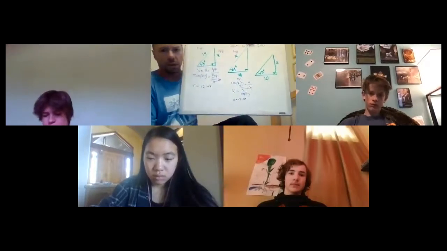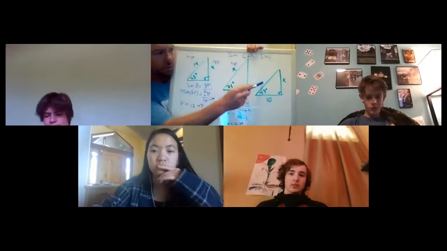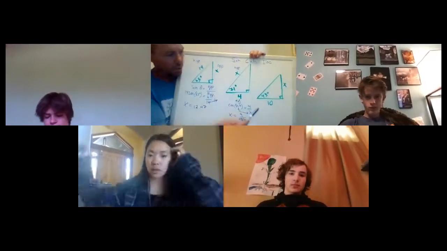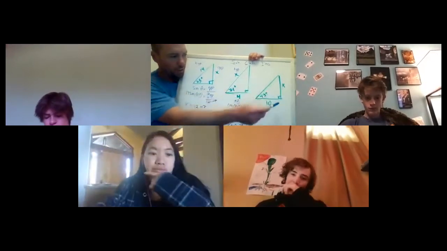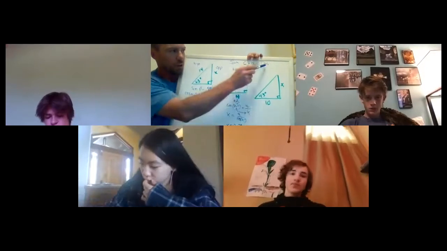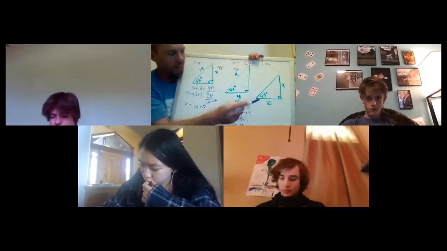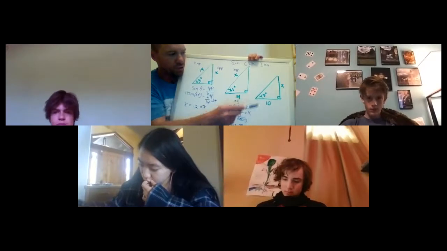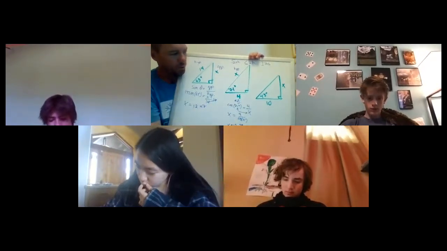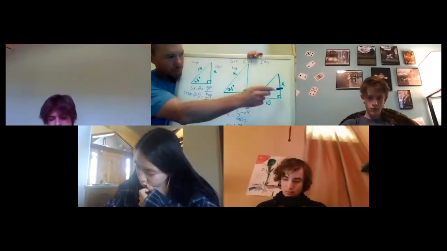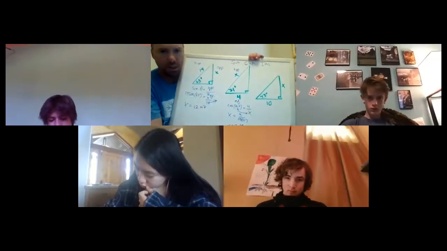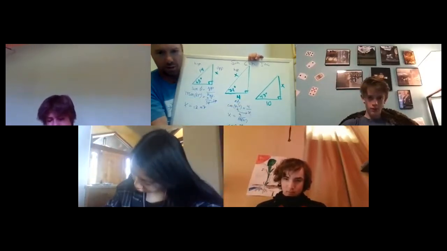But your mindset going into this one should be to say, okay, let's see, x is opposite, 10 is adjacent, so I know I'm using tan. I've also got an angle that's just a little bit less than 45 degrees, which means my opposite side should be a little bit less than 10, okay?